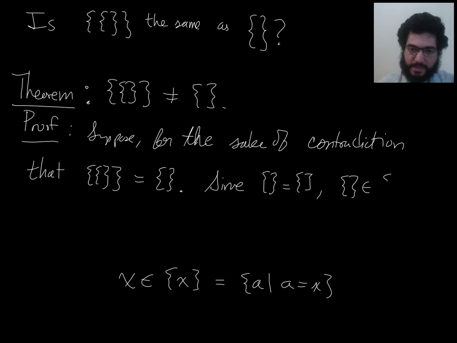We have, using axiom 5, that this is in the set of things that equal the empty set. The empty set is in the set of things that are the empty set, because the empty set is the empty set.